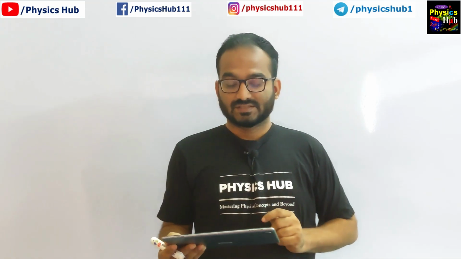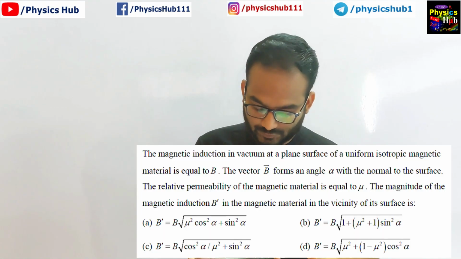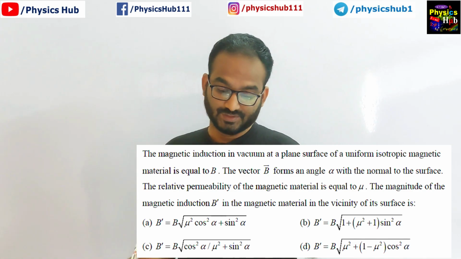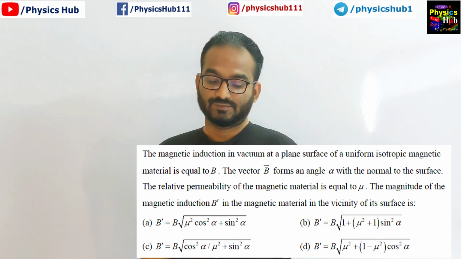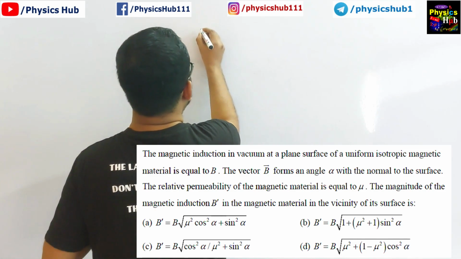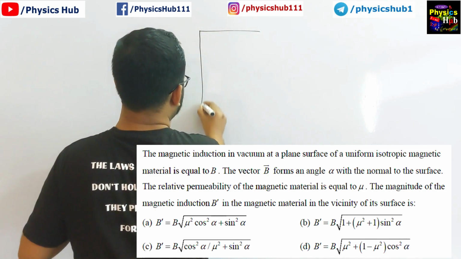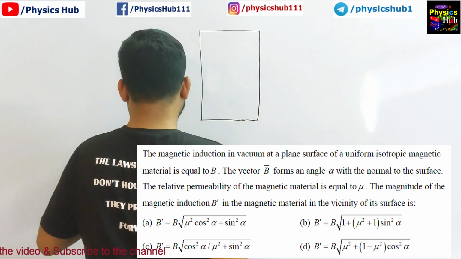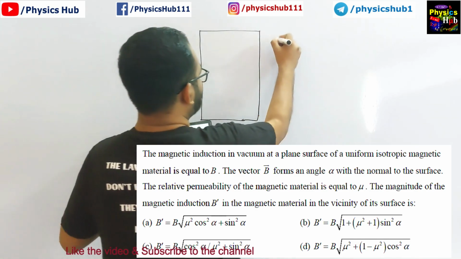So the problem states like this: the magnetic induction in a vacuum at a plane surface of uniform isotropic magnetic material is equal to B. The vector B forms an angle alpha with the normal to the surface. Okay, so let's consider the uniform isotropic magnetic material. This is the uniform isotropic magnetic material, and this is your vacuum.